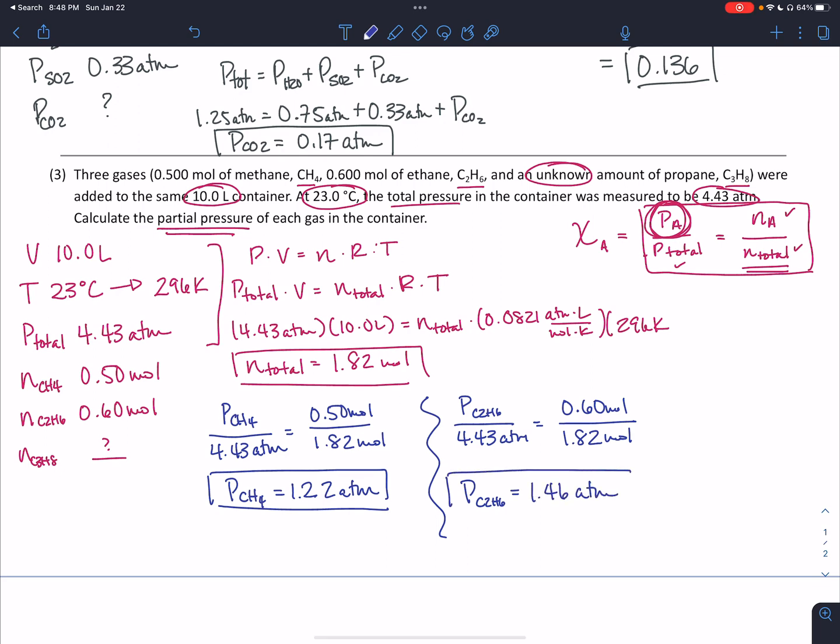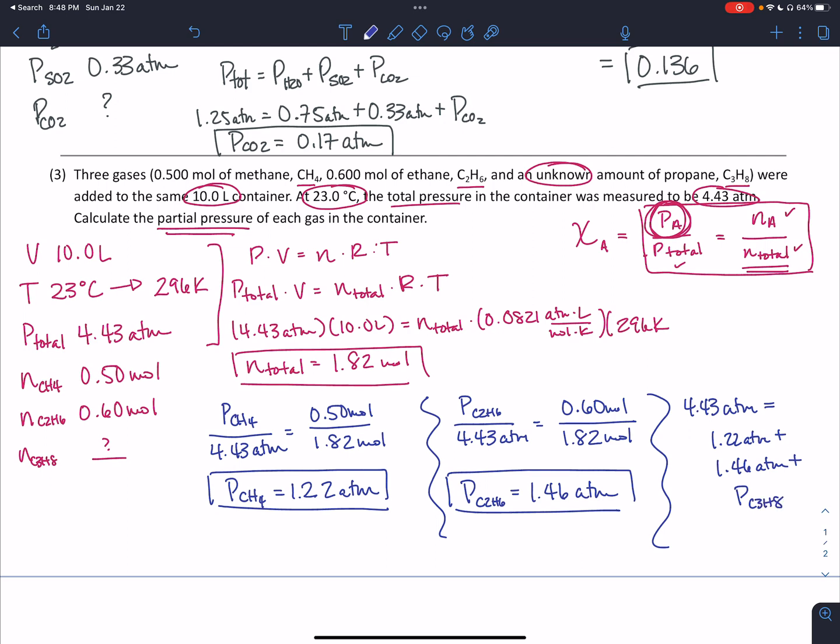All right. So I've got two of the three partial pressures, and I'm going to use Dalton's law to finish this up. So the total pressure, 4.43 atmospheres, sorry about that, is equal to, I'm sorry, I'm running out of room, 1.22 atmospheres plus 1.46 atmospheres plus the partial pressure of our propane, C3H8.